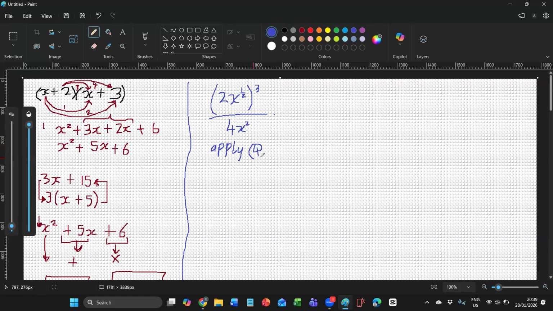So I'm applying law 4 now. Law 4 will make my work look like this: 2 raised to the power of 3, because 3 multiplied by 1 is 3, and then x raised to the power of what? 3 over 2. Don't worry about the 3 over 2.